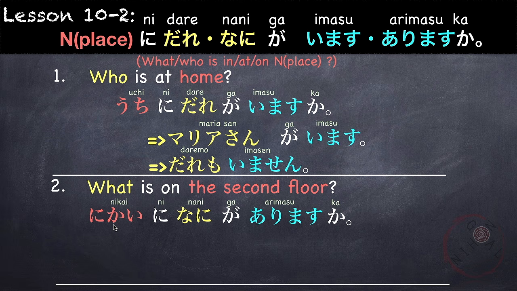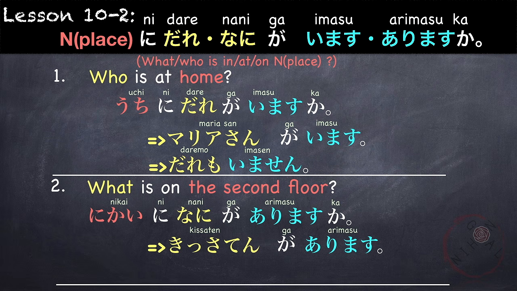If we want to say there is a coffee shop, 喫茶店があります. Or if we want to say there is nothing, we can say 何も. So 何 plus も followed by the negative form of あります, which is ありません. 何もありません. There is nothing.